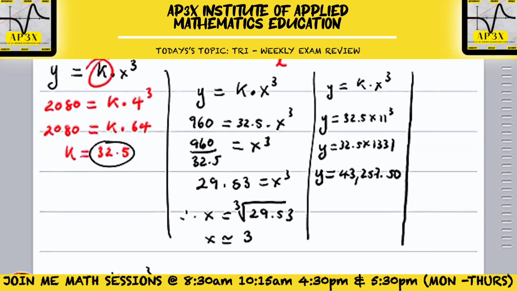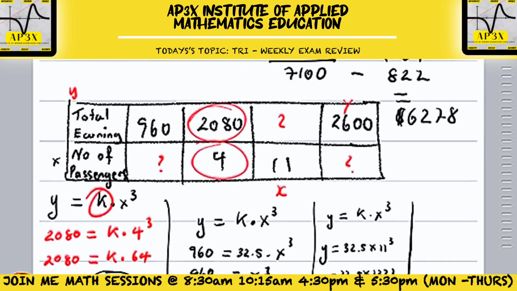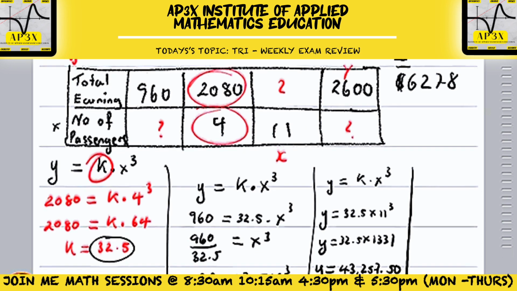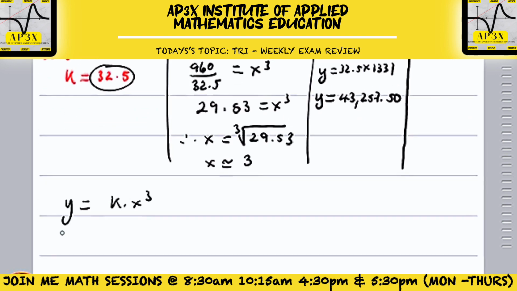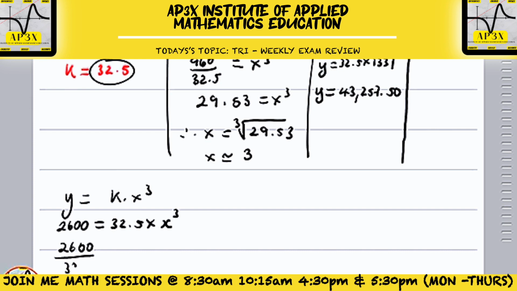So again here, you're going to recognize that y is unknown, pardon me, 2600 is y, so that's 2600, and that's equal to 32.5 multiplied by x cubed. Again, dividing both sides by 32.5, that's x cubed.